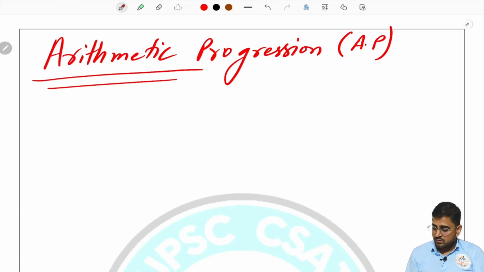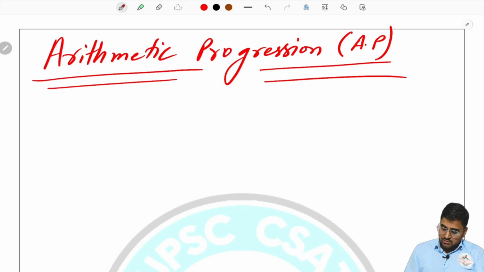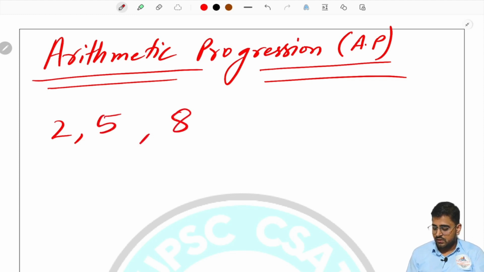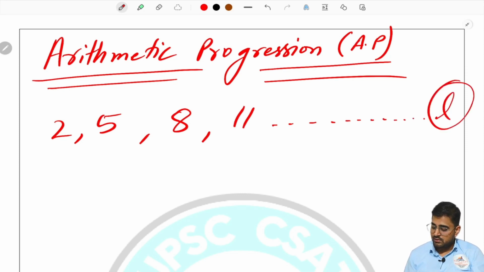Let us learn what arithmetic progression is first. Before starting, let us take a number series: 2, 5, 8, 11, up to the last number, whatever it is.